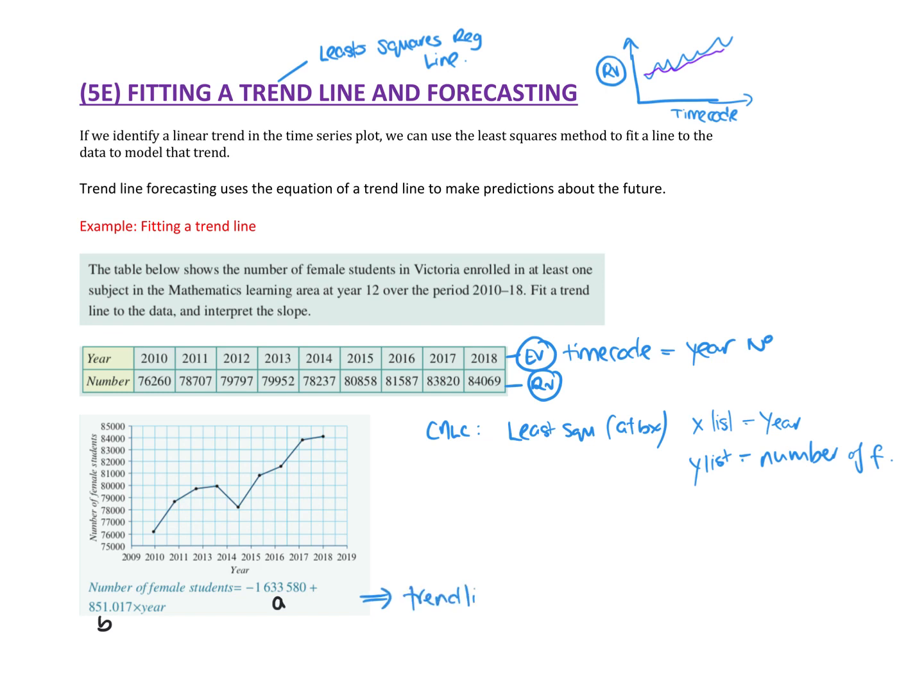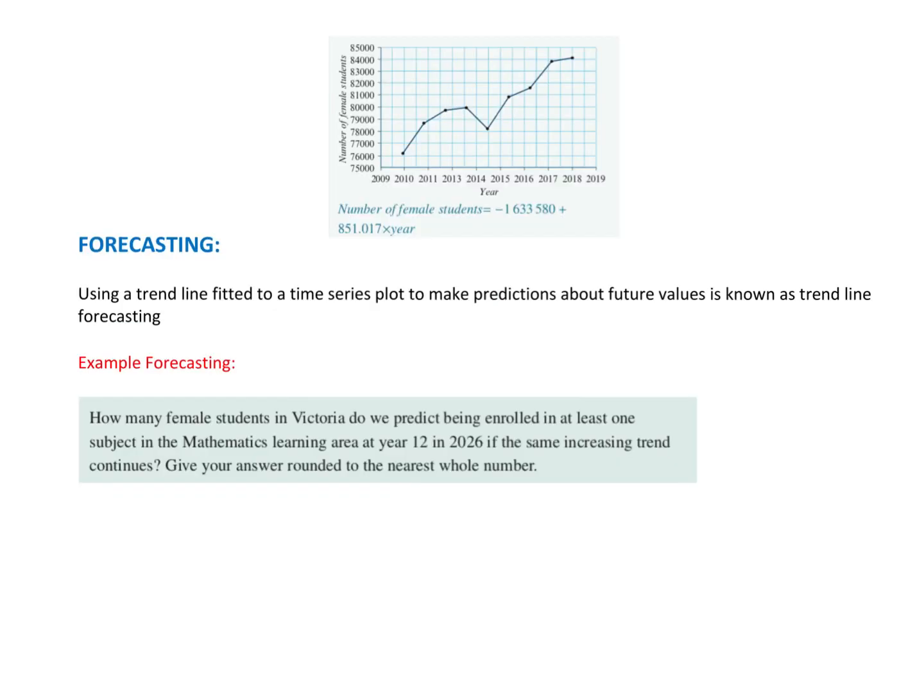So in a time series, the least squares regression line is called the trend line. When we are predicting using the trend line, that's called forecasting.